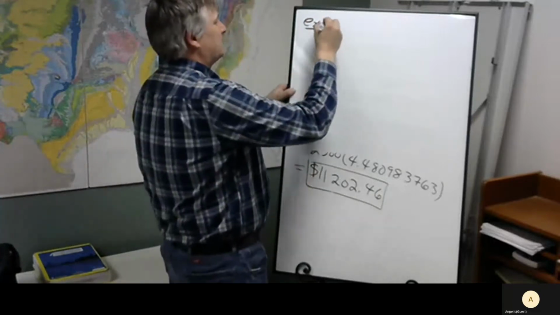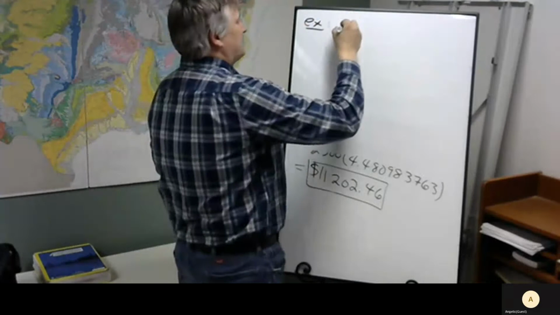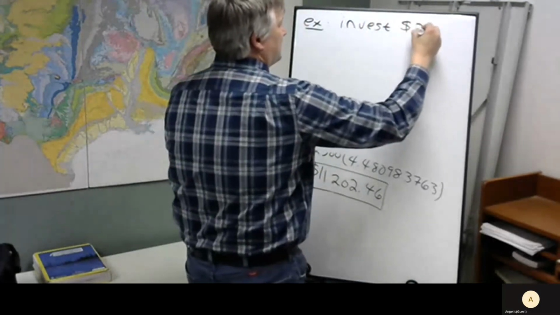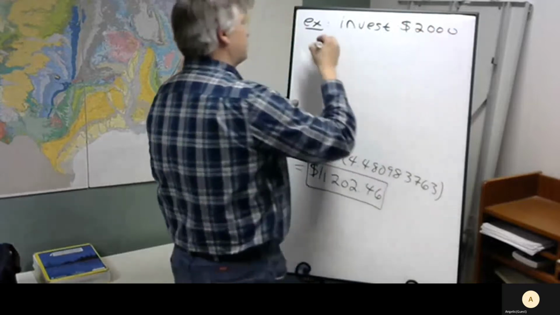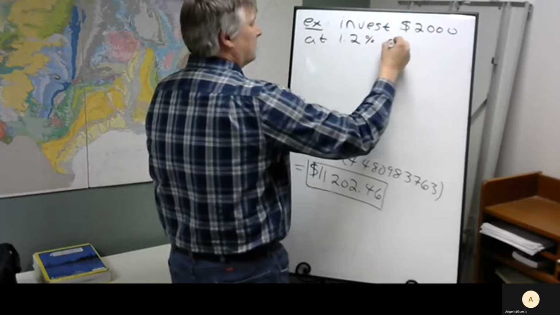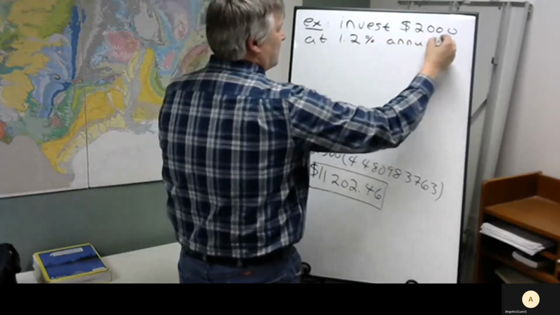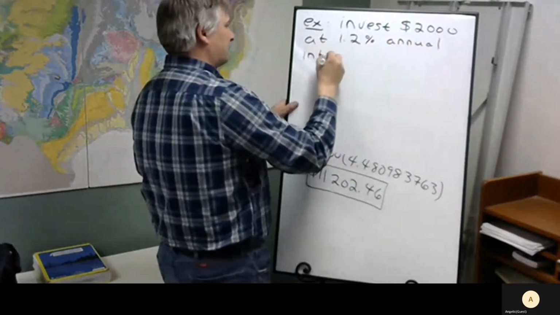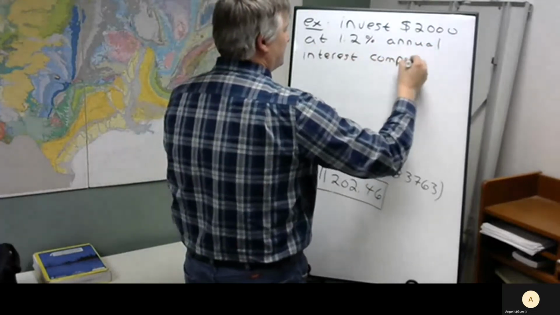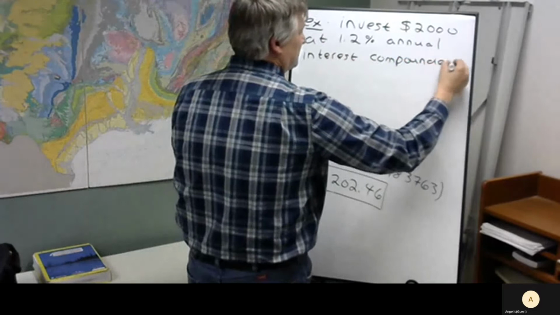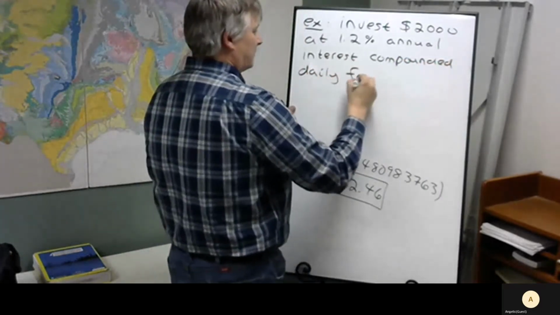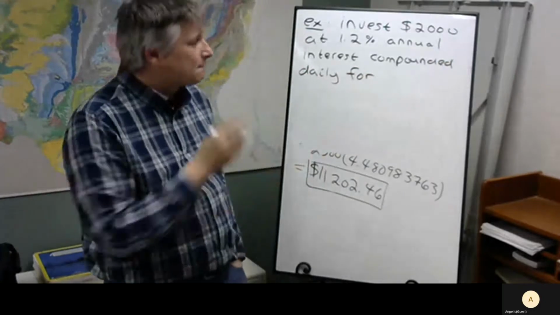So let me do another one, and you're going to run into this. Let's say you invest $2,000 at 1.2% annual interest, compounded daily, for, so how long are we going to do this investment?